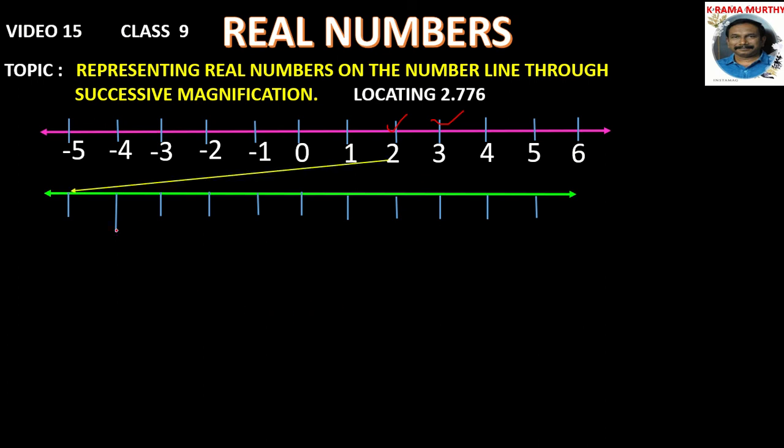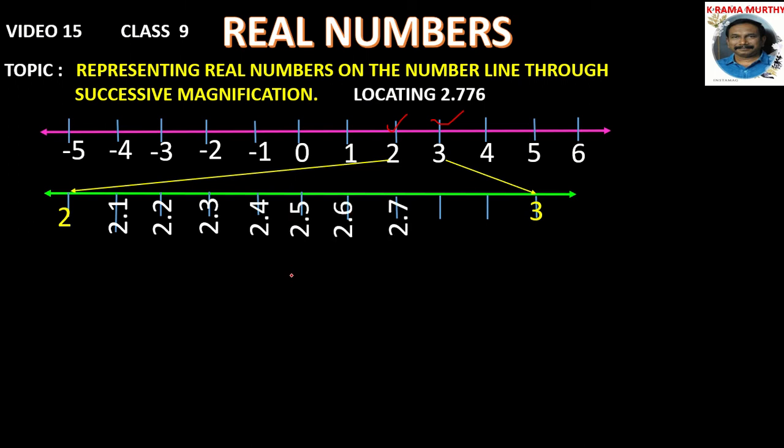Here we mark 2 and the end point we mark 3. In between there are 10 parts like this: 2.1, 2.2, 2.3, 2.4, 2.5, 2.6, 2.7, 2.8, 2.9, and next that is 3.